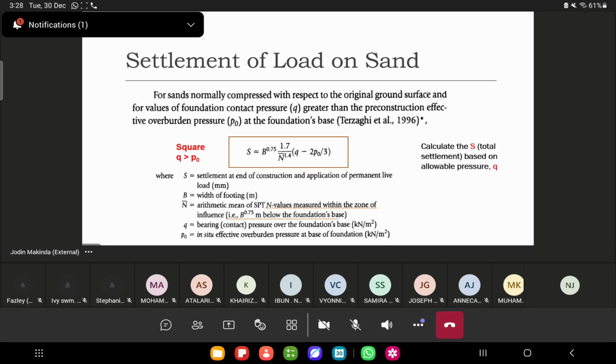But if we study the settlement of the layer of sand, P naught is from the ground to the base of the footing. Therefore, if we use this equation, we can calculate the total settlement S based on the pressures of the foundation that we are designing.